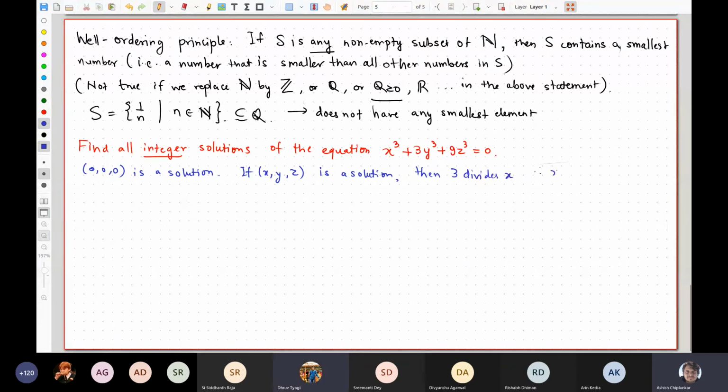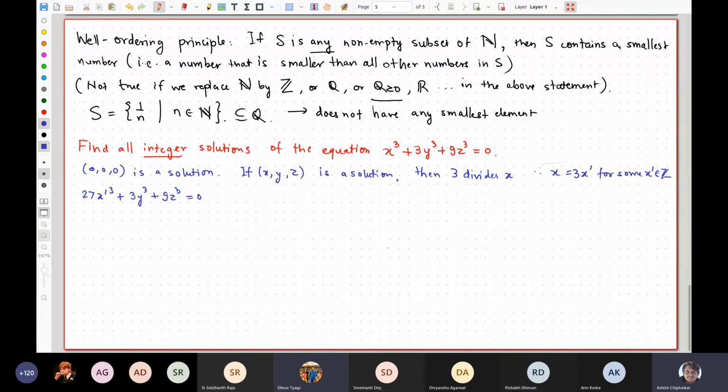So x is equal to 3 times x prime for some x prime in Z. Now can you rewrite the equation in terms of x prime? Good. So you will get 27 x prime cube plus 3y cube plus 9z cube is equal to 0.